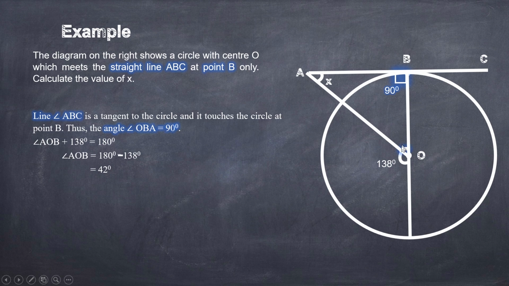Therefore this angle is 42 degrees. So now we can find x. x is equal to 180 degrees minus 90 degrees minus 42 degrees, equal to 48 degrees. Alright, next.